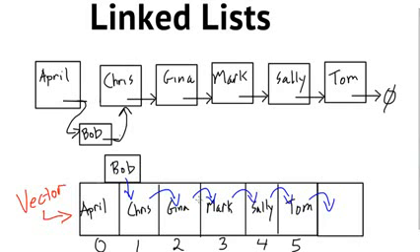What that means is we can just specify the name of our vector and a particular index value and immediately get to the contents associated with that element. So if we're interested in accessing the information associated with this contact Mark, we can just specify the name of the vector and the index value. Whereas in the case of the linked list, we would have to start here at April and follow these links through Bob, through Chris, through Gina, and then finally get to Mark.